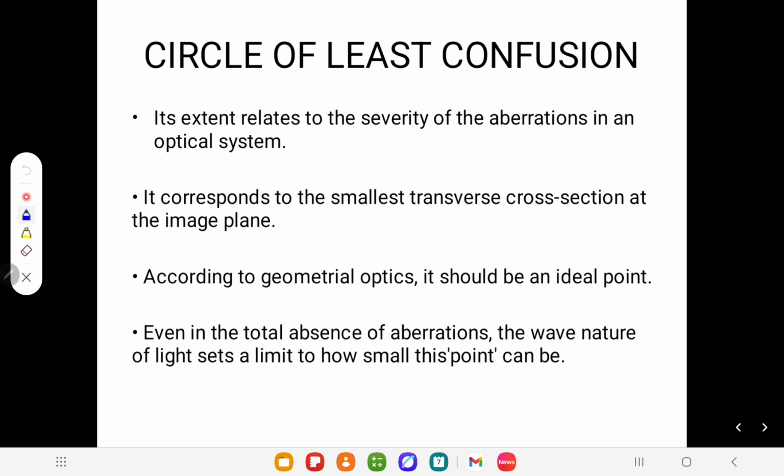So what is the circle of least confusion? It is the extent related to the severity of aberration in an optical system. It corresponds to the smallest transverse cross section at the image plane.